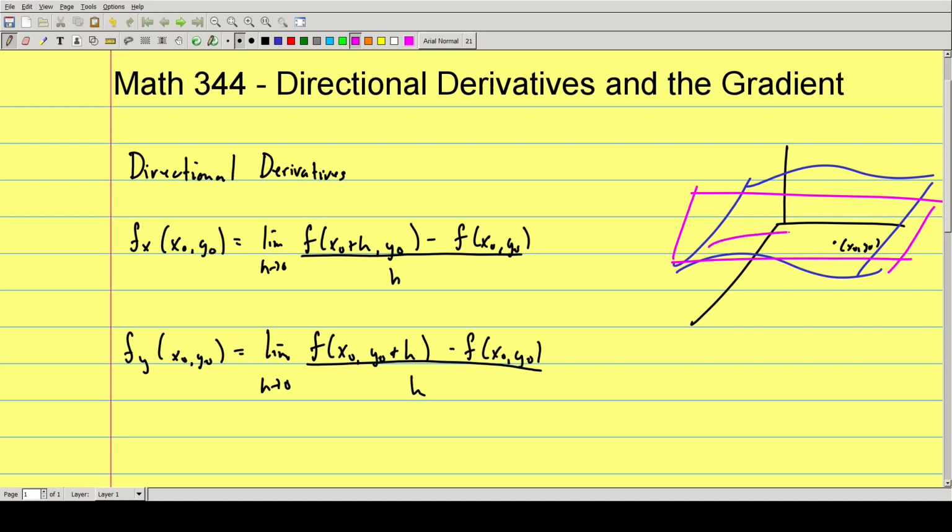And then what that does is it draws a curve on our surface here. And then the value of the derivative is the slope of that tangent line. That's what this operator does. It measures the slope of the tangent line after I cut through on that plane.